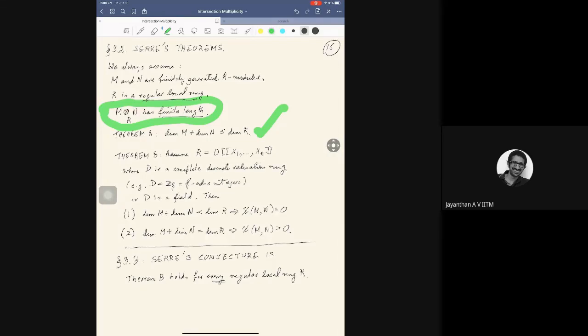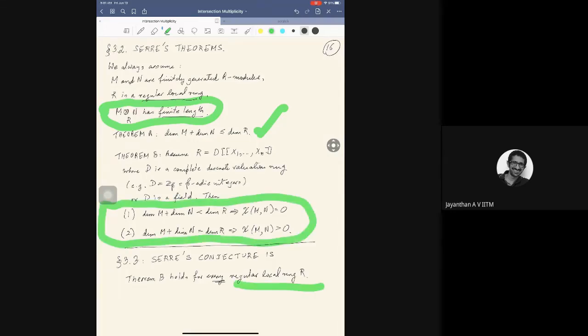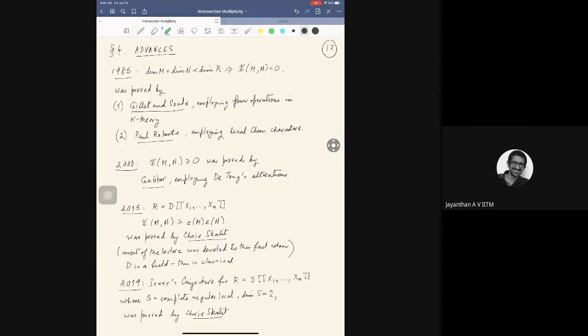And then he conjectured that whatever he proved, theorem B, this here, holds for all regular local rings. Okay? Those were his conjectures. So what did get proved is the following.